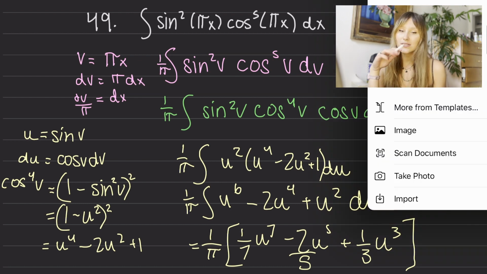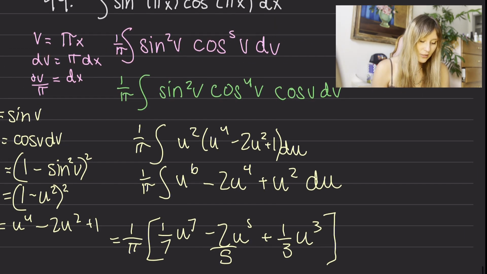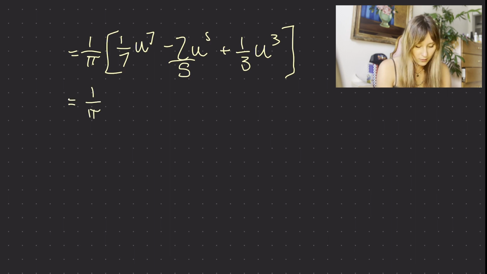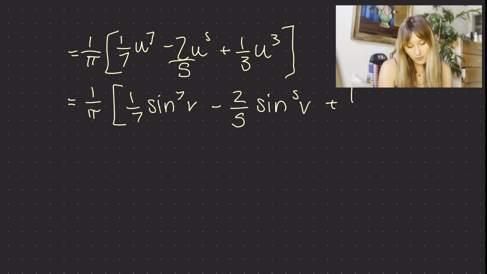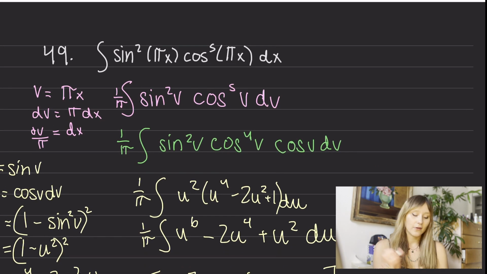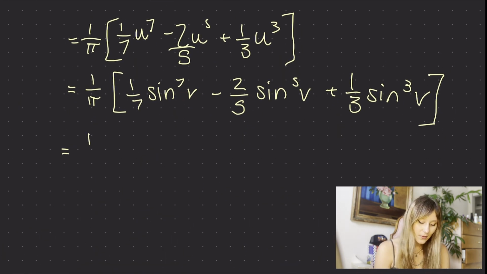Now we have to substitute until we get back to the original variable, which is the x. We know that u is sine of v, so let's get that u out of the way. Then we have v is pi x, so I'm just going to plug that in.